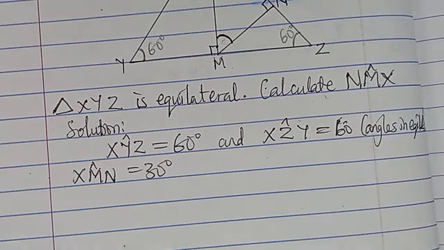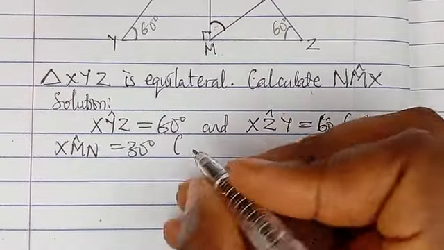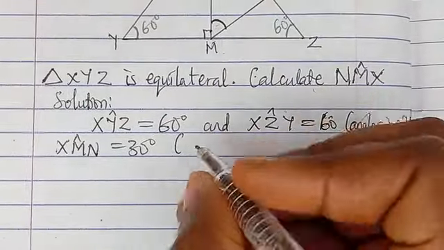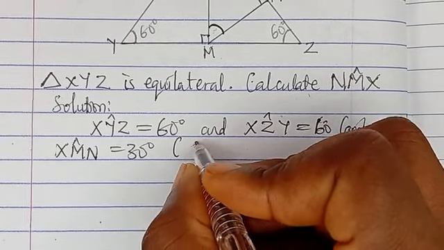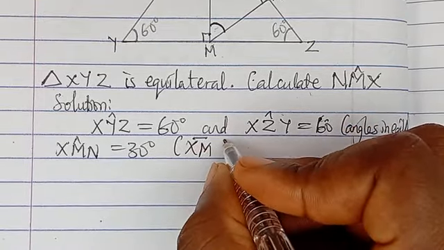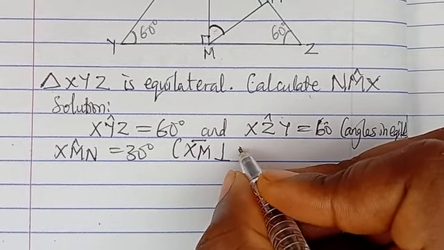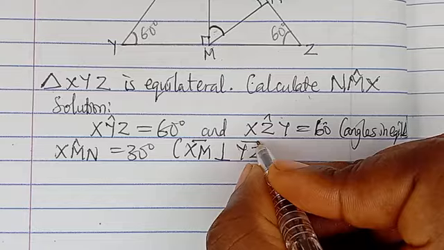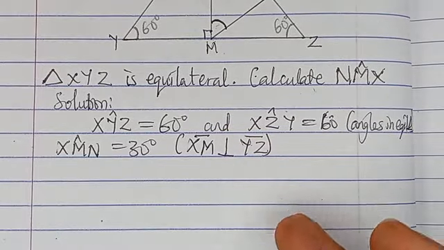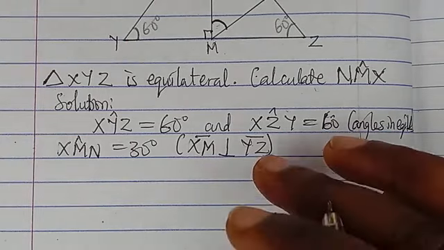The reason for saying this is that line XM is perpendicular to line YZ. So being perpendicular, that means it bisected the angle it has.